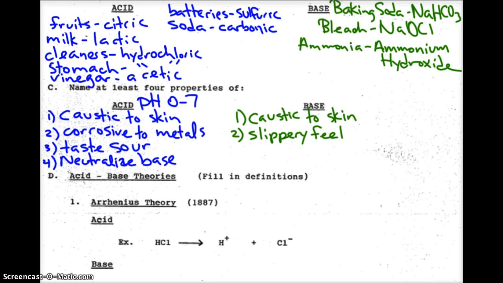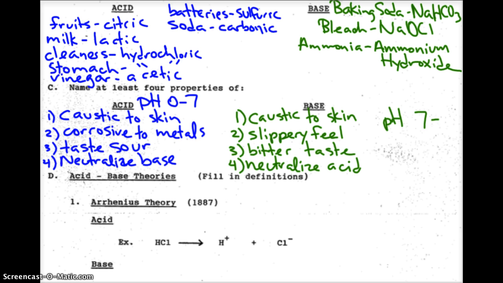So if you're working in lab with bases and you start to feel slippery, that means your base is actually turning your skin into soap, so you'd want to wash that off. They taste bitter. They neutralize acid. And they have a pH in the 7 to 14 range. We'll talk more about what that means in a minute.